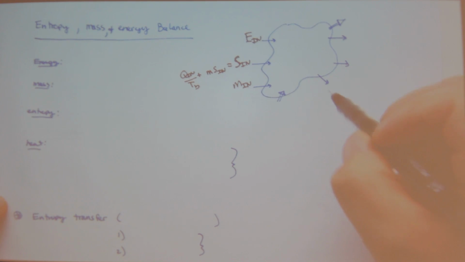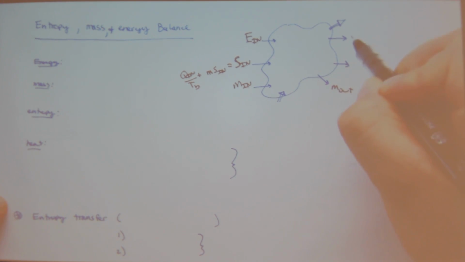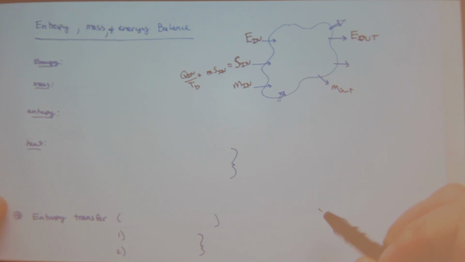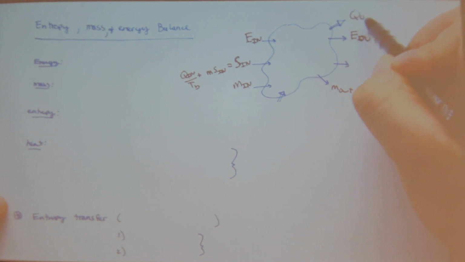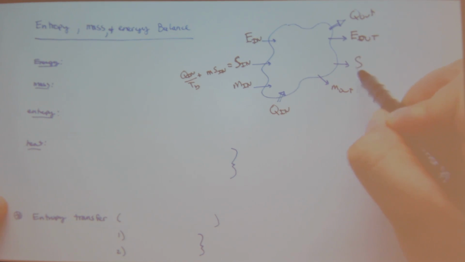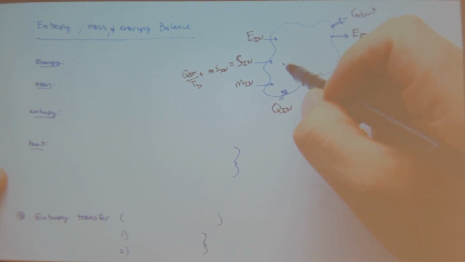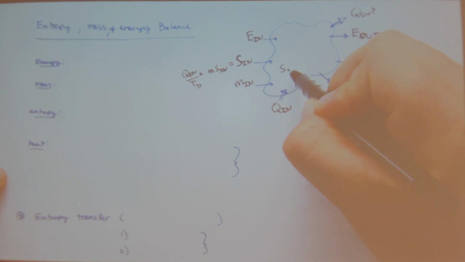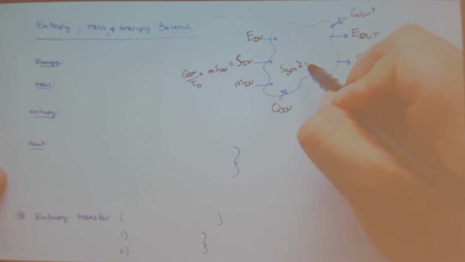Mass is likewise, so I can have mass out, or in general energy out. And here I can say heat out, heat in, and big S out. So this is my system. S gen has to be greater than or equal to 0.